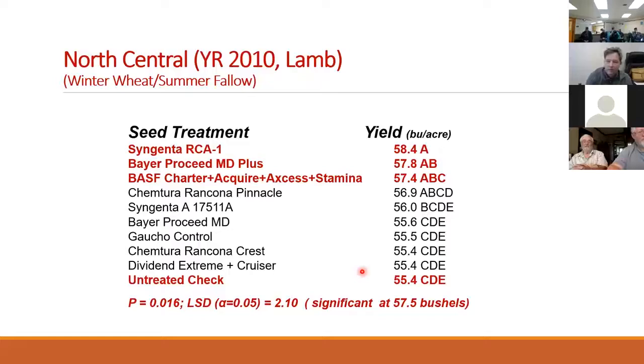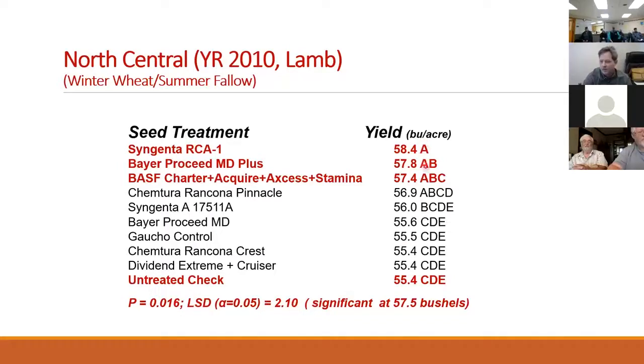I worked with Peggy Lamb and Greg Carlson, God bless him. In 2010, we did a similar thing going into a summer fallow field for winter wheat. And what we found was the better products, this Syngenta RCA1, by the way, is actually the Vibrance and Rancona mix, and Bayer Proseed and this BASF product, particularly the Stamina product, those perform better than untreated check at a significance level.